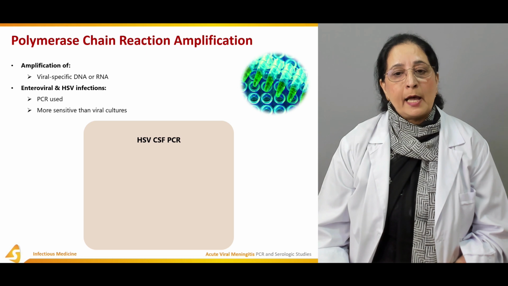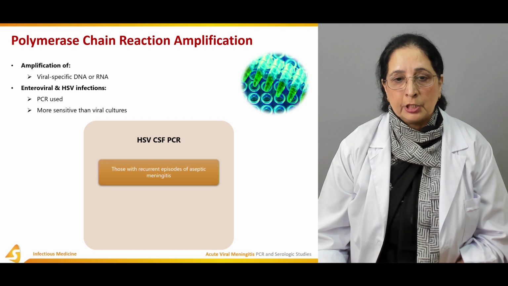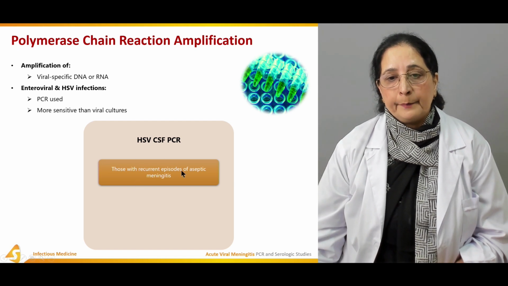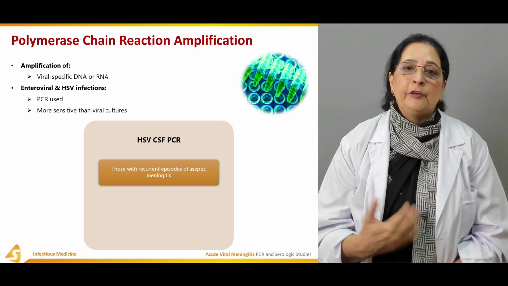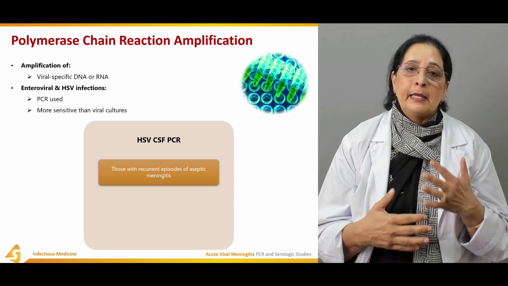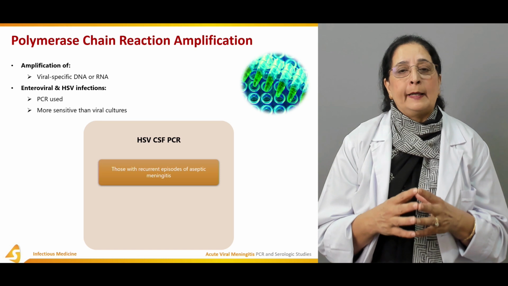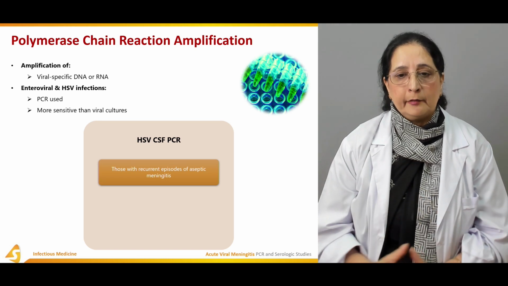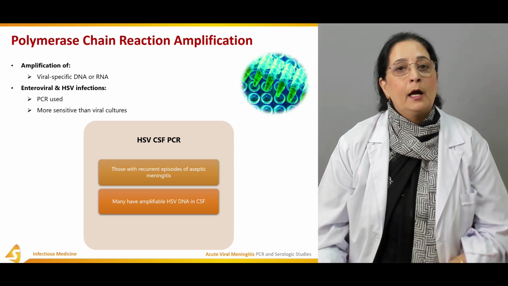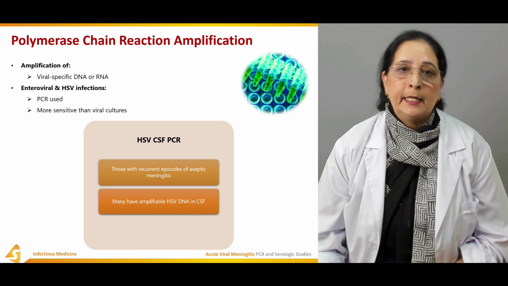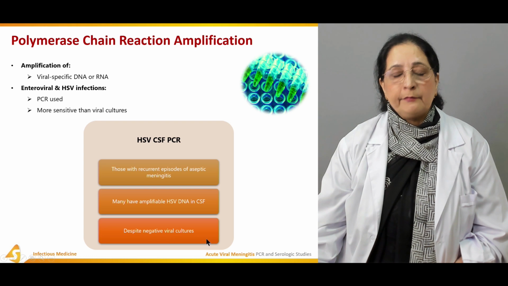Herpes simplex virus cerebrospinal fluid polymerase chain reaction is used for those with recurrent episodes of aseptic meningitis. So patients who keep on having episodes of aseptic meningitis, we should diagnose by polymerase chain reaction. Many have amplifiable herpes simplex virus DNA in cerebrospinal fluid despite negative viral culture.